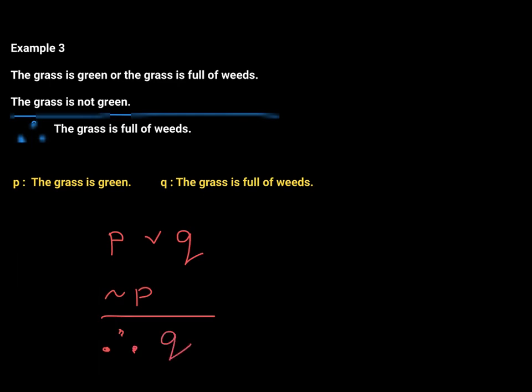Is this argument form valid or is it invalid? All right. So is it valid or is it a fallacy? Again, we've never seen this form of an argument, right? And so therefore we will construct a truth table and then look at all of the truth values under the answer column.